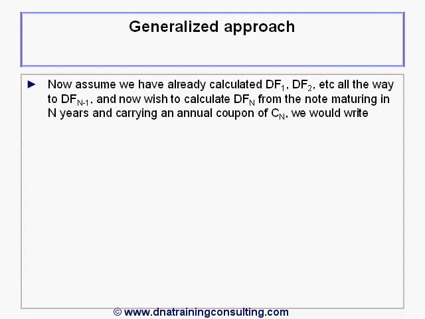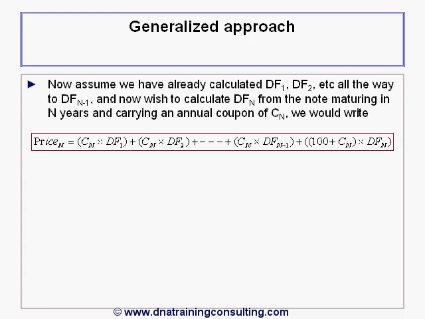We would write for this note, again, that its price equals its cash flows, with each cash flow being multiplied by its own appropriate discount factor, which enables us to solve for dfn and therefore for zn, the zero coupon rate for n years, since we can observe the price of this bond, price n, as well as its coupon, coupon n, and since we already know all the df's in this equation up to but excluding the last one, which is the one that we are seeking.